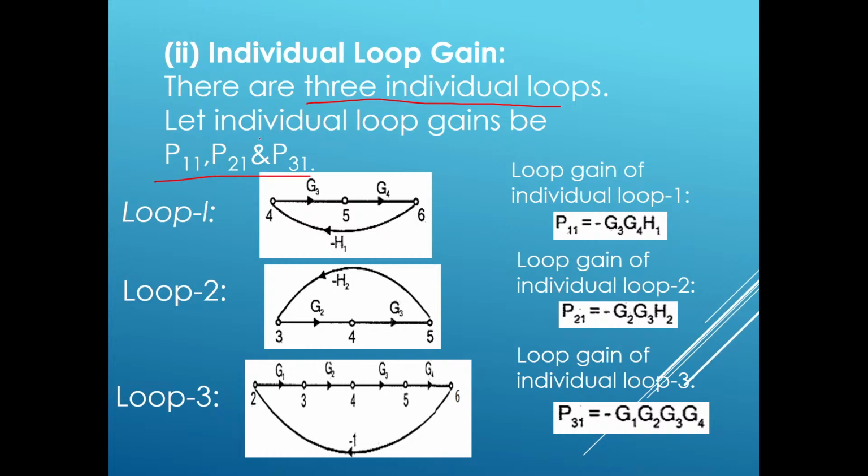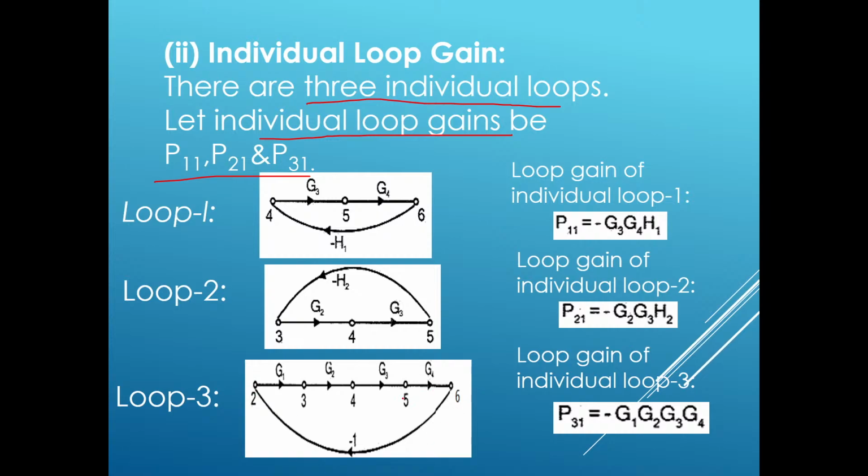Okay then. Individual loop gains: P11, P21, P31. So there are 3 individual loops. So what were our loops? 4 to 5, 5 to 6, 6 to 4, one loop. 3 to 4, 4 to 5, 5 to 3, another loop. 2 to 3, 3 to 4, 4 to 5, 5 to 6, and 6 to 2, another loop.